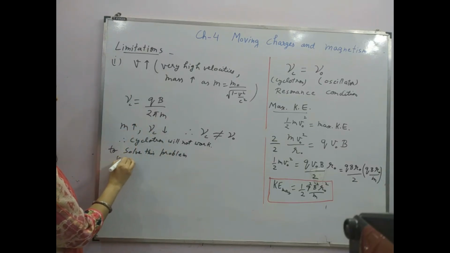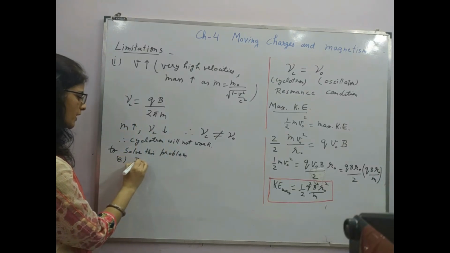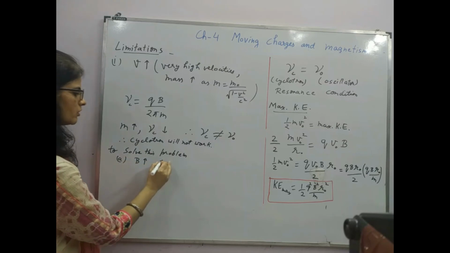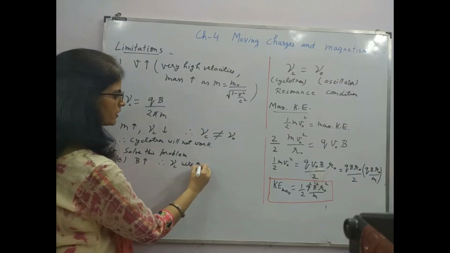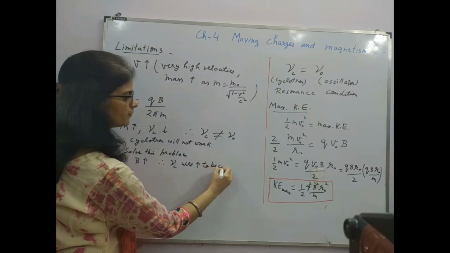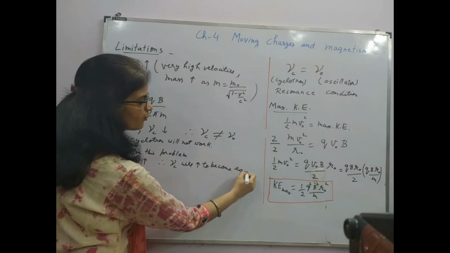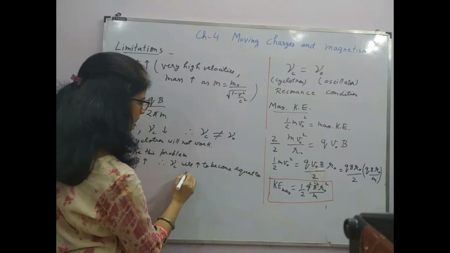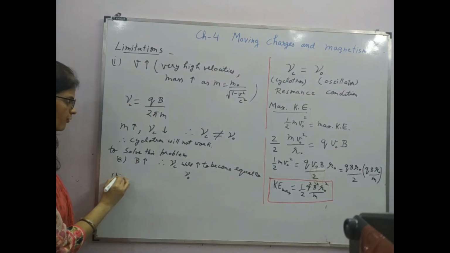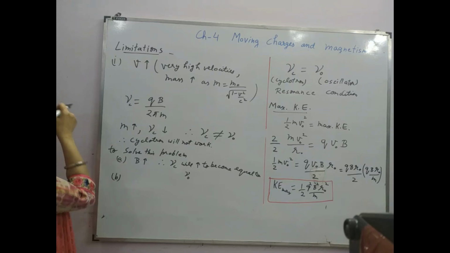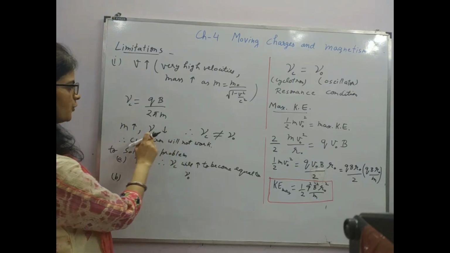To rectify this, to solve the problem, two things can be done. First is B can be increased. Therefore, nu C will increase to become equal to this, right? Second thing, what else can be done? We can decrease nu.